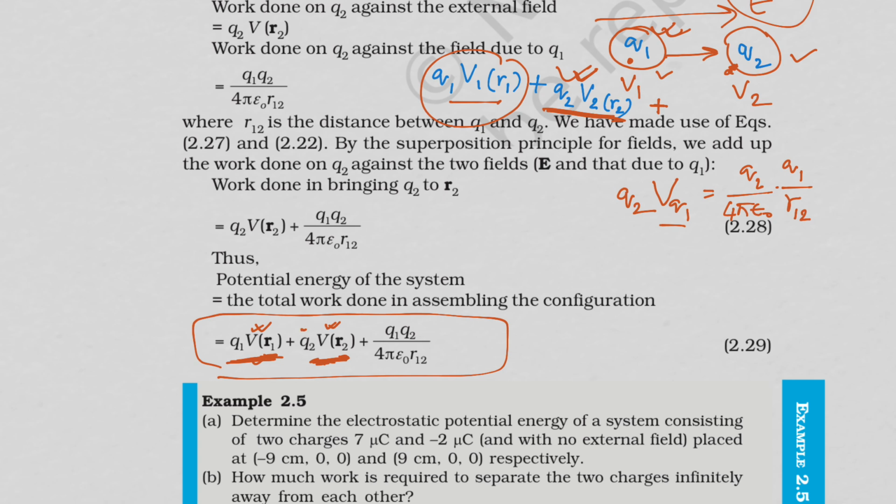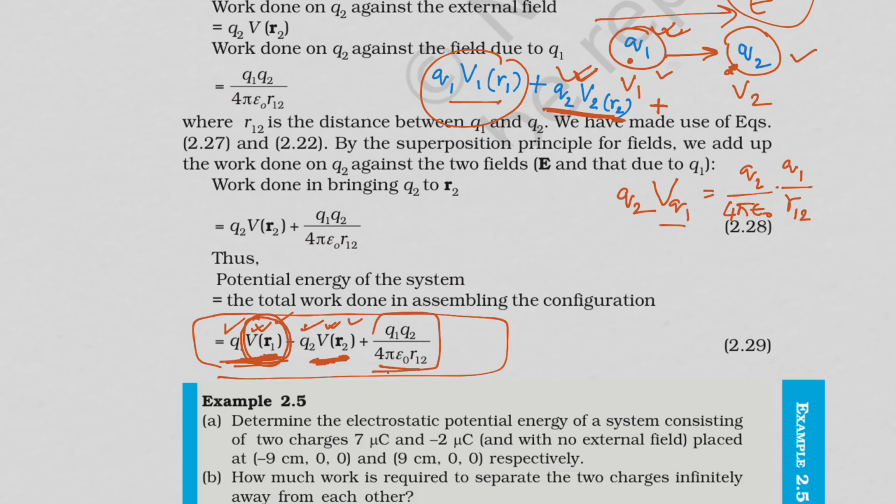And then this is the potential energy we are talking about, okay. When I said potential, I only focus on the V. So the potential energy is charge multiplied by potential, then charge multiplied by potential.